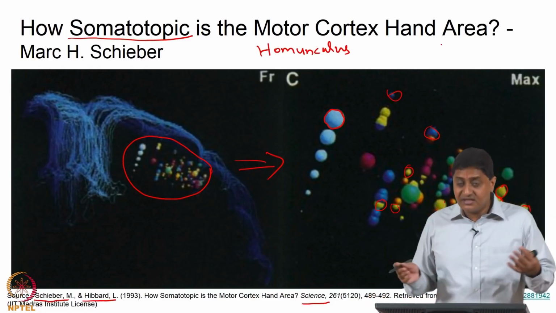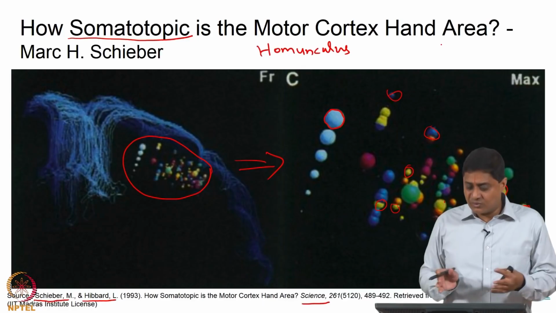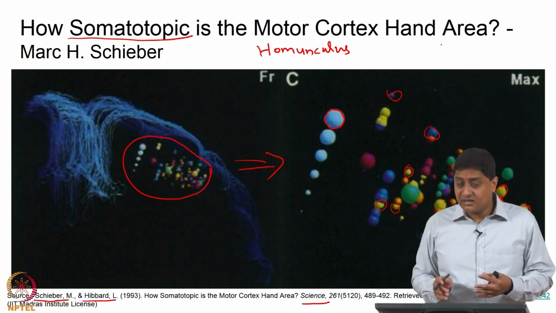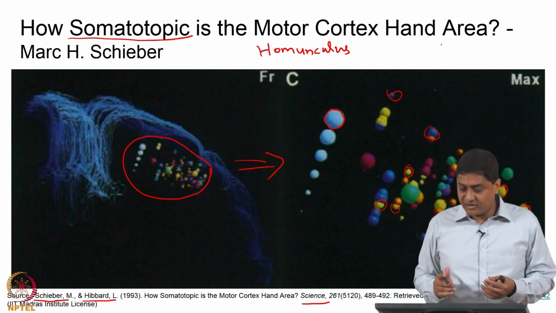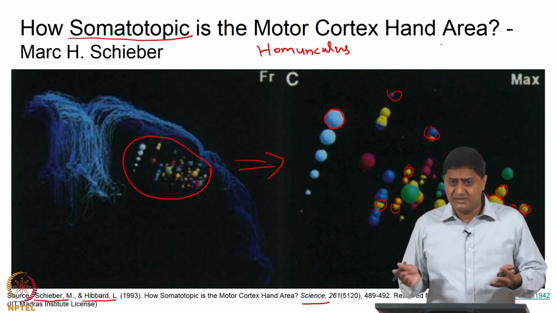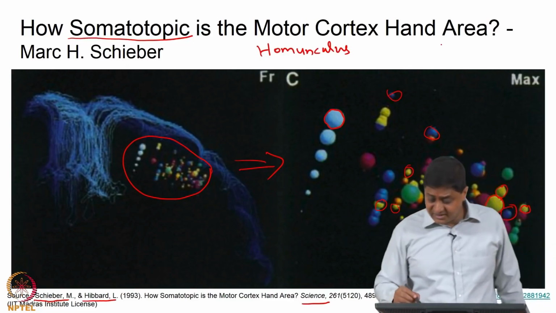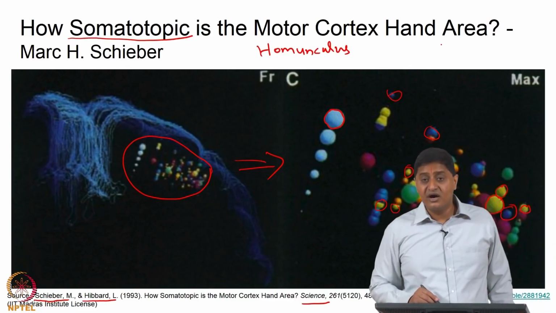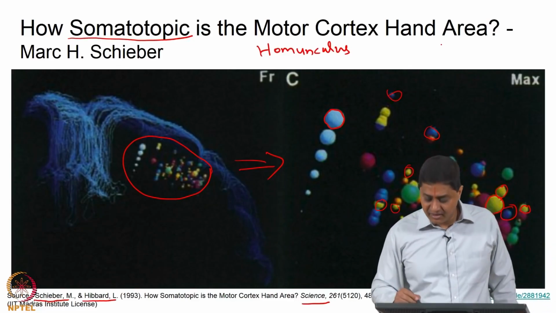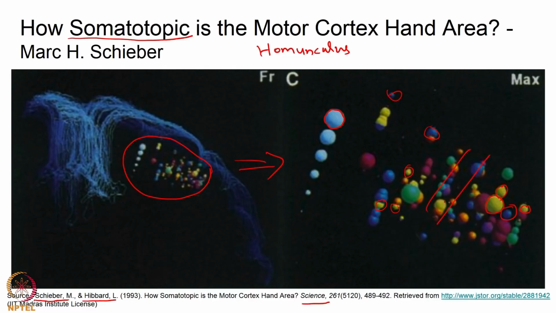What you are seeing is that all these areas are mixed one after the other, or there is a great amount of diversity. The other way of looking at this is to take a particular area and see how many different fingers are represented in that area. Suppose I take that area, for example, I know there are multiple colors, there is yellow here, there is purple here, there is blue here, there is yellow here, there is orange here.